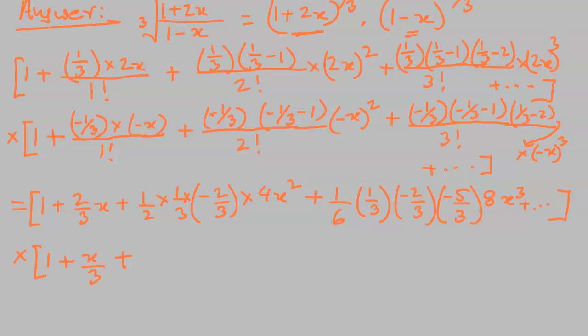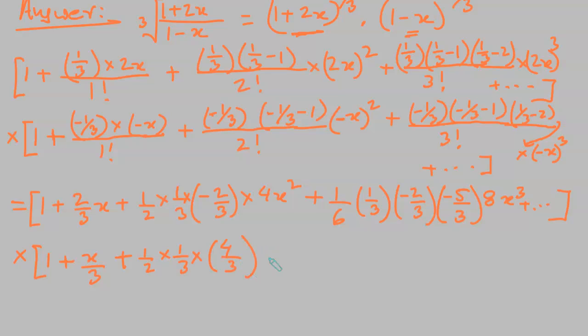So half times 1 over 3, and this is negative 4 over 3. And we have seen the minus signs cancel, they become a plus, so it is 4 over 3.